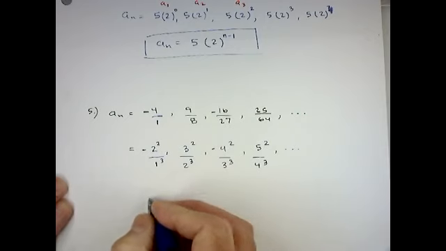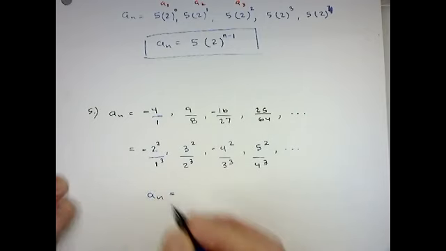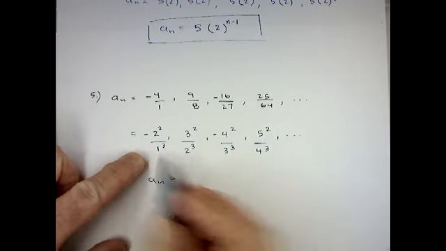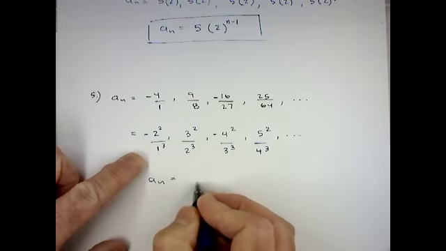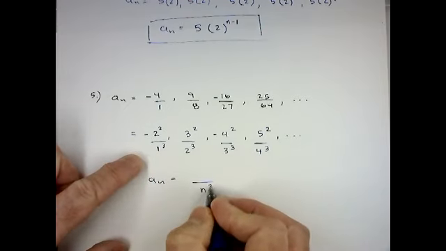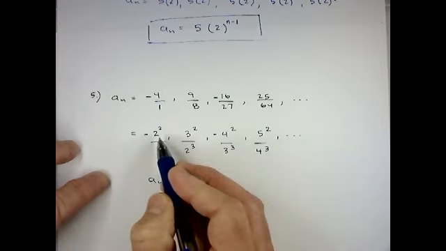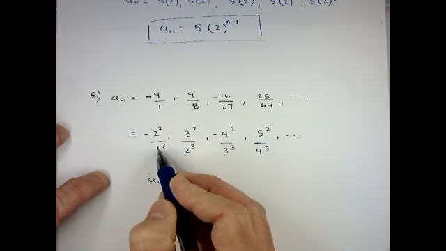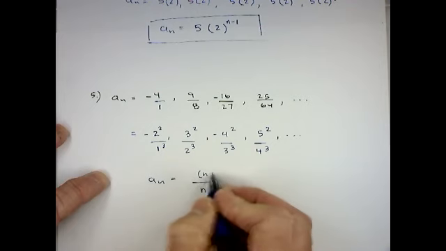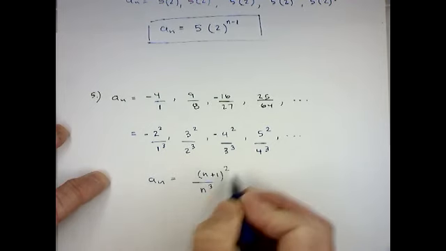So now let's see if we can come up with a formula for a sub n. Remember, we're starting with n equals 1. So the bottom is just going to be 1, 2, 3. That is just n cubed. Whereas my numerator, if n starts at 1, my first square is 2. So it's actually n plus 1 squared.